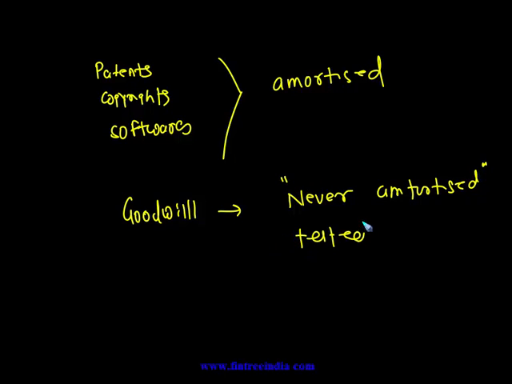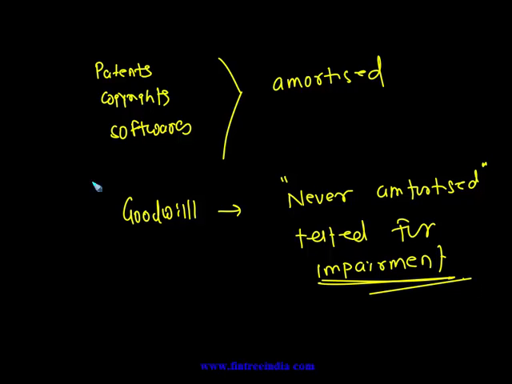Rather, it is tested for impairment, checking whether the market value has reduced or is more or less similar. If the market value has reduced and if the reduction is other than temporary, which is a fancy accounting phrase, but what it simply says is if the reduction is permanent, then we will reduce the value of the asset from the books. One time reduction, we will call that impairment loss.